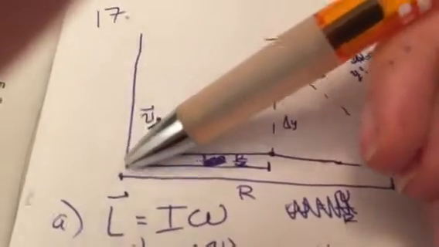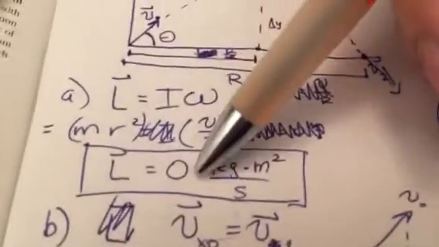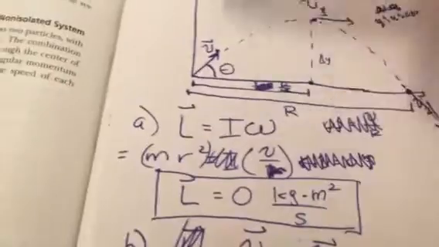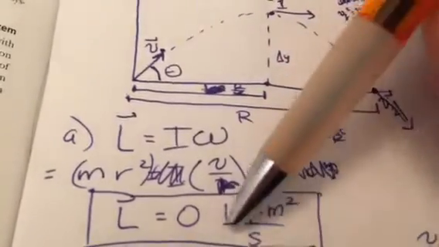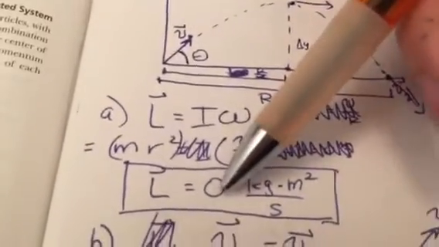There's velocity right after, but if we just use L equals I omega, we should get 0 kilograms times meters squared per second, right? I would think so. So in that case, the angular momentum is 0 at the origin.